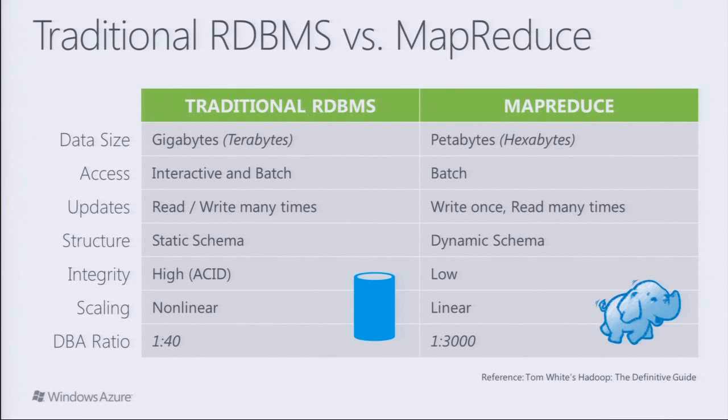You are able to hold a lot of different types of data, and the integrity is relatively low because there's generally a lot of bad data when the amount of data is huge and we don't necessarily have a schema to restrict it. The scaling is linear. It depends on how many nodes you have.